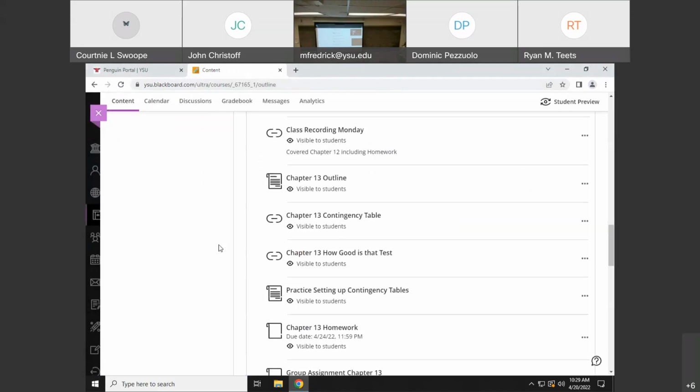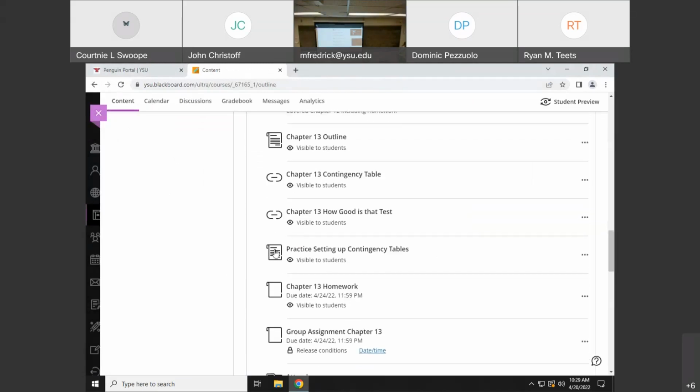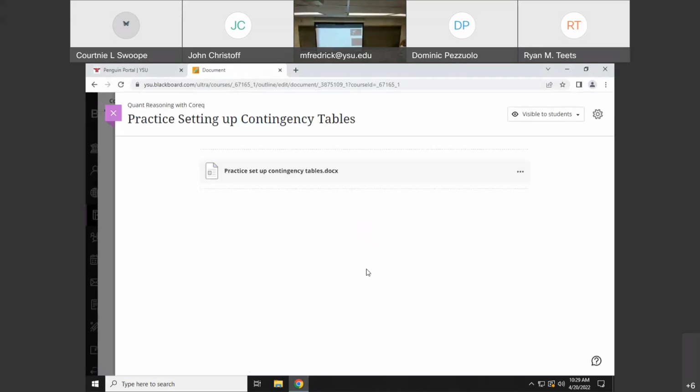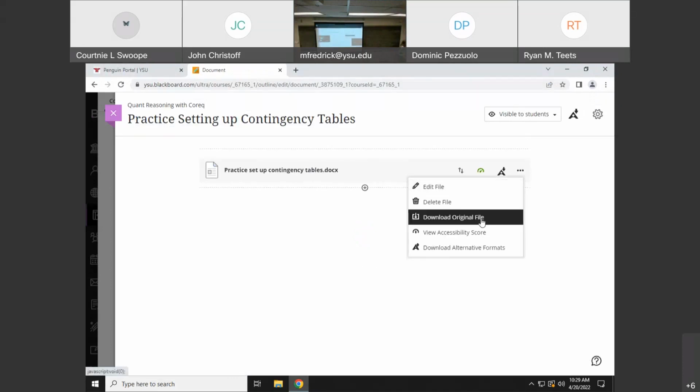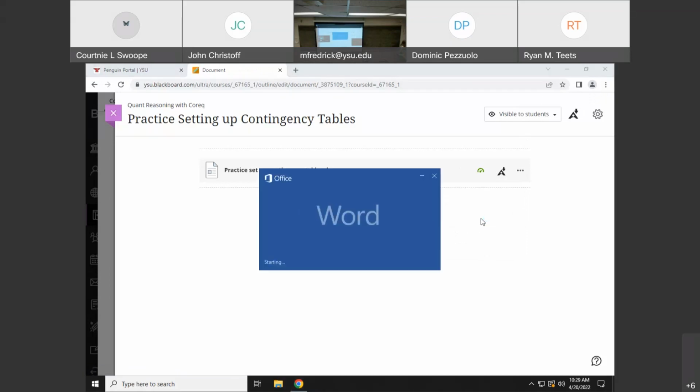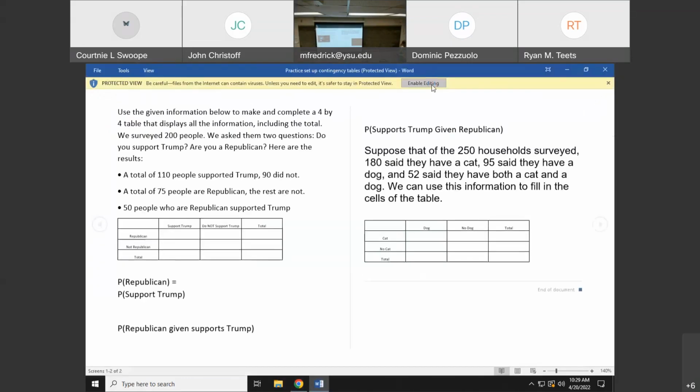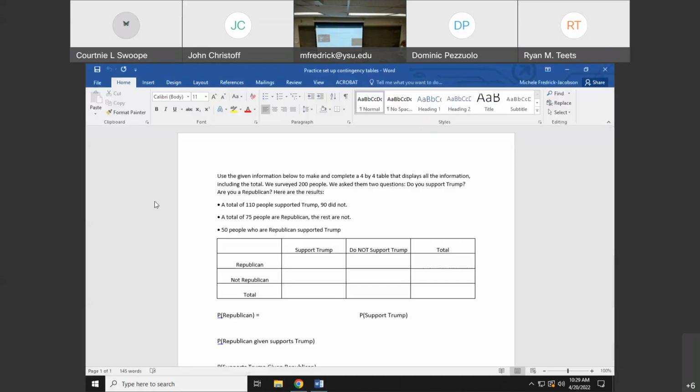I put up a couple more problems. They're marked practice setting up contingency tables. So we'll set up a couple tables. I found them online this morning.